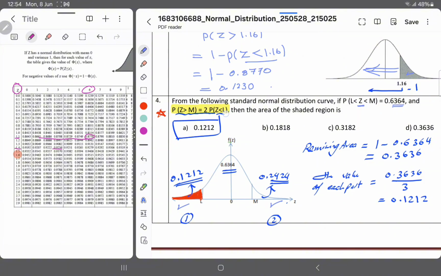So that means I will divide the remaining area into three equal parts. One part represents z less than M, and two parts represent z less than L.